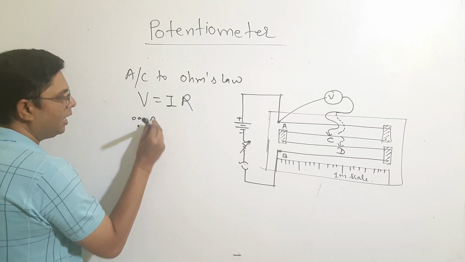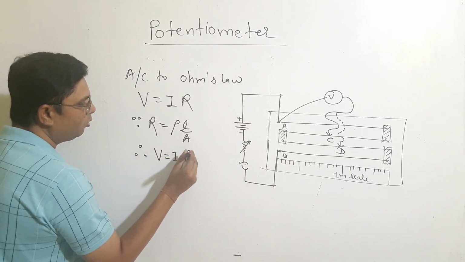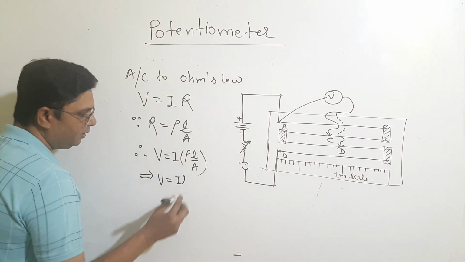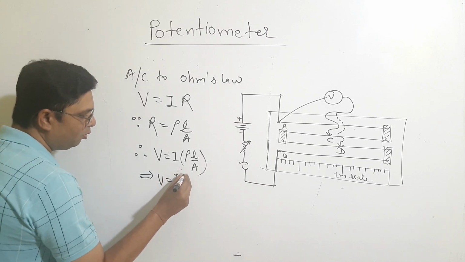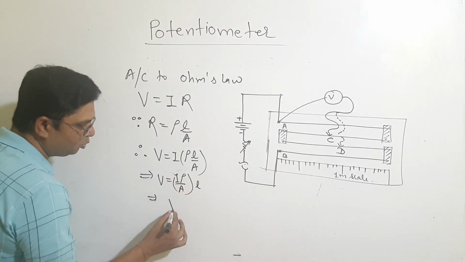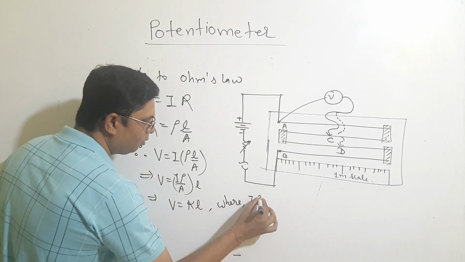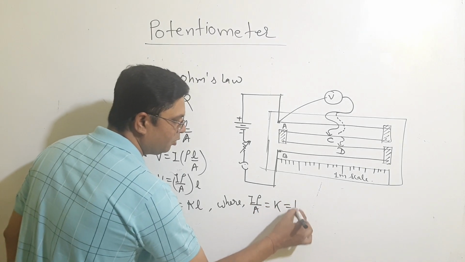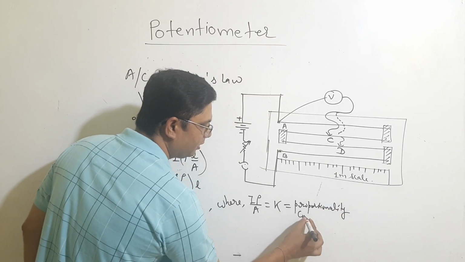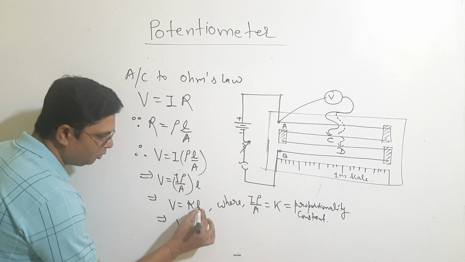You know that R equals rho L upon A. Therefore, V equals I rho L upon A. Taking L common, V equals K into L, where I rho upon A equals K. K is said to be the proportionality constant. So you have V proportional to L.